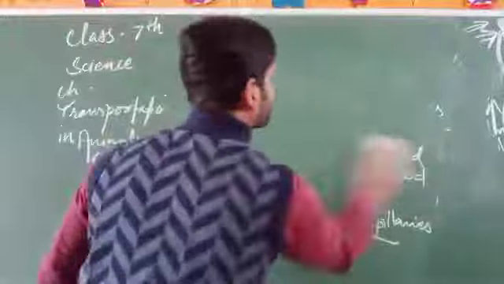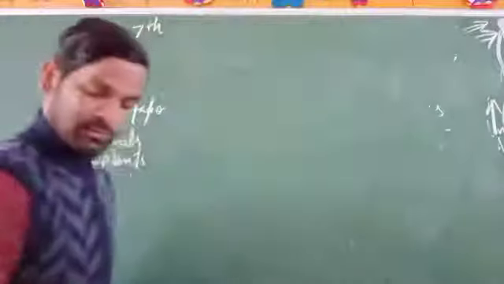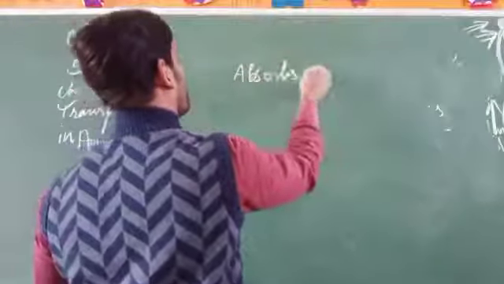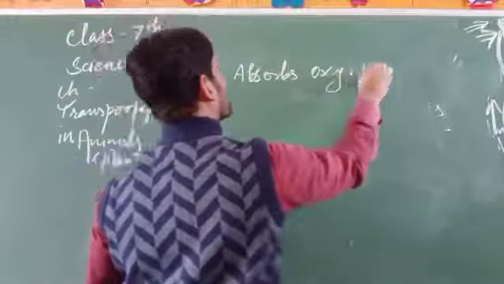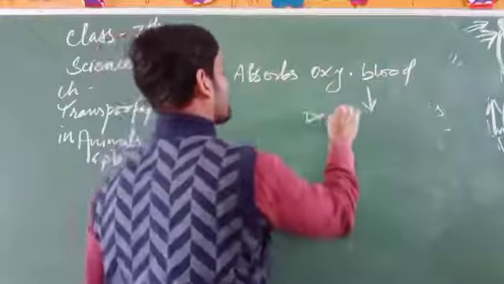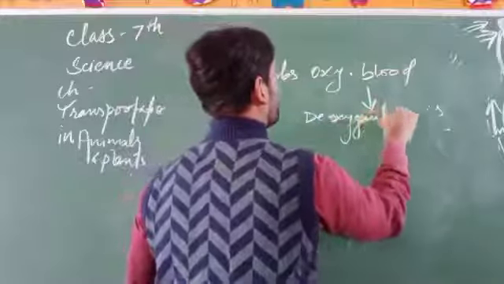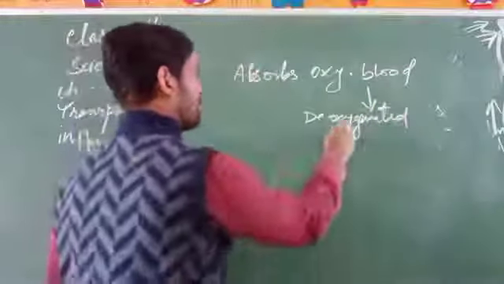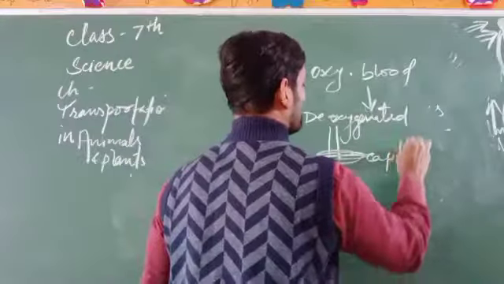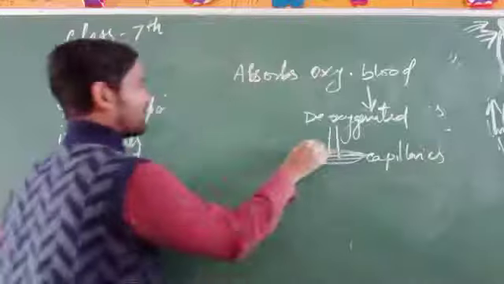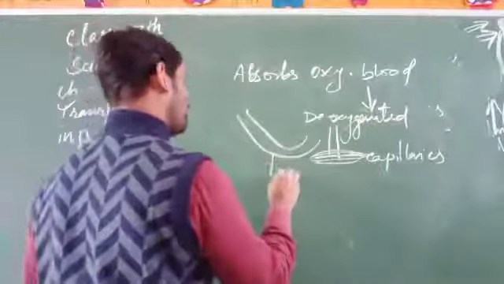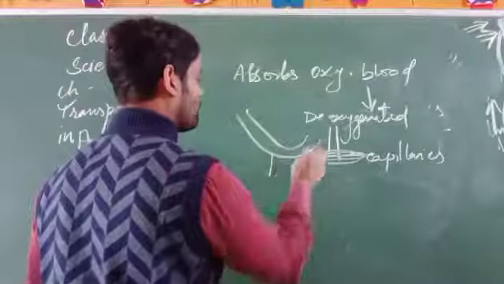The second thing is, whenever the body absorbs oxygenated blood, there will be remaining blood that is deoxygenated. The remaining deoxygenated blood in the capillaries is supplied to the heart again in the form of veins.